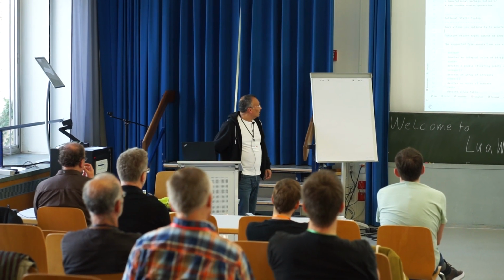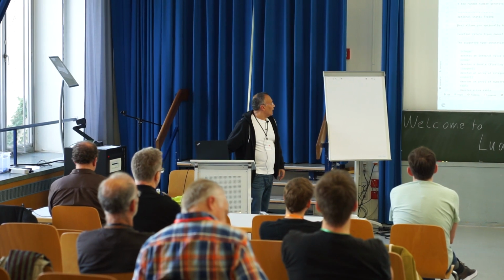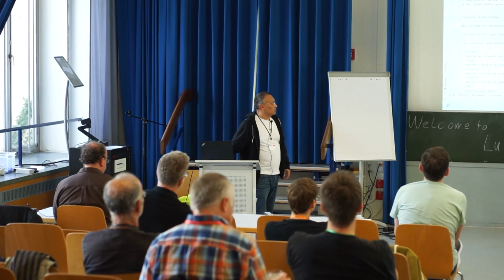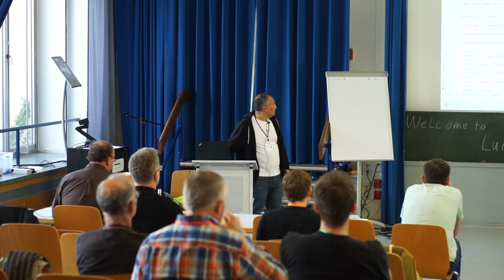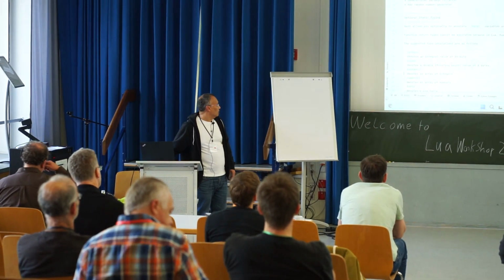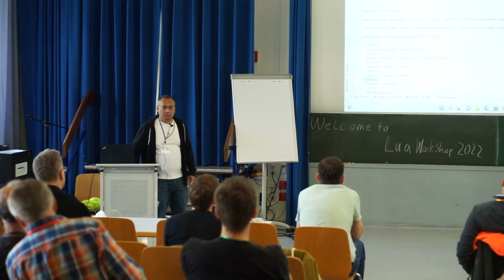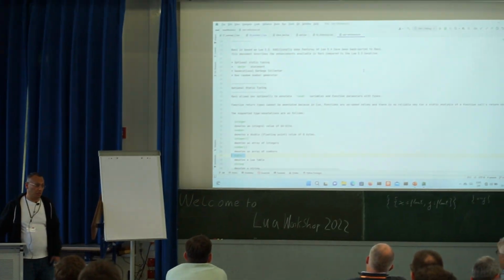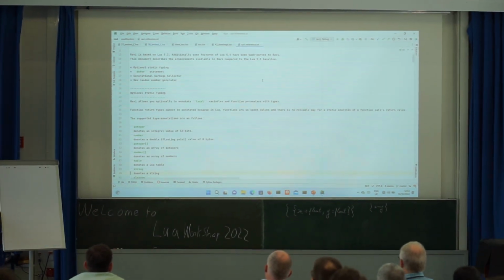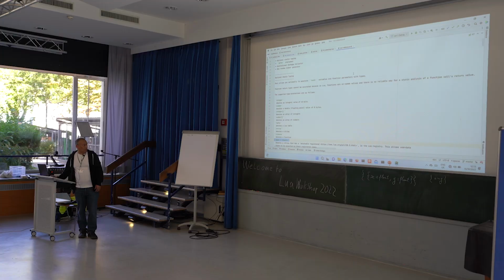So, a very quick introduction to Ravi: you can annotate local variables and function parameters with types. There are only a few types supported. You can have integer, number, array of integers, array of numbers. You can say something is a table, that's a Lua table. You can say something is a string or a closure, or you can have a user-defined type.